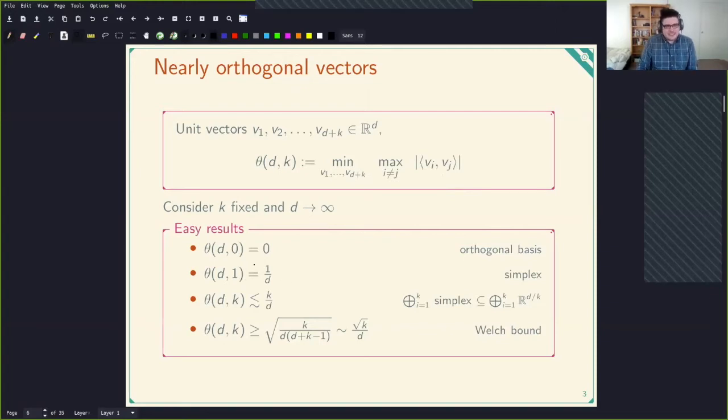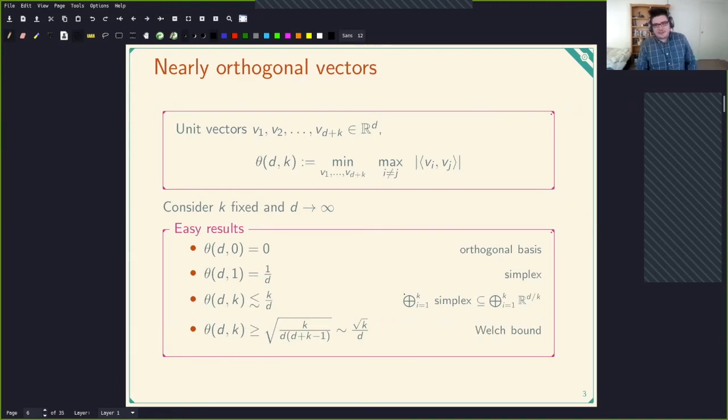Technically, the regular simplex would only give us an upper bound. I'll prove the lower bound to you in a moment, although in a special way, even though there are lots of ways to prove this. But we can actually use the simplex to get a general upper bound, provided that k is fixed and d is tending toward infinity. Theta of d,k is going to be at most k over d, because I can think about stacking a bunch of simplices orthogonally to each other.